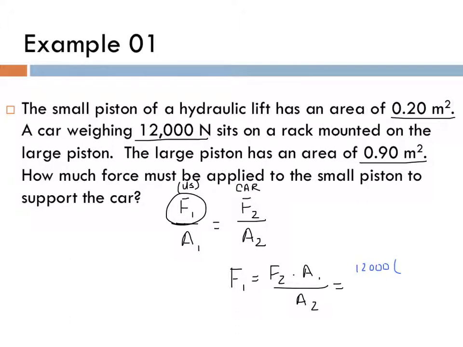Our area will be 0.2 meters squared. And then the area it's being applied over will be 0.9. Again, this is the area of the piston that the car is actually sitting on. Altogether, you get a value of 2,667 newtons.